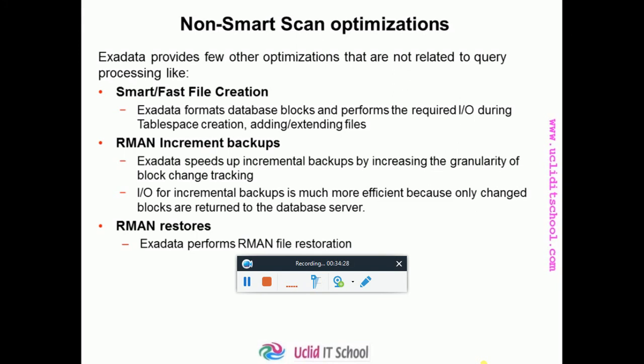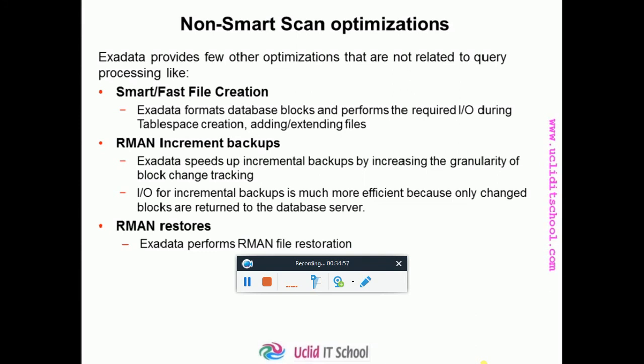Whenever a file is created, the blocks have to be formatted in Oracle format, right? So for that, the storage will send the block to the database server. The database server will format the block and write it back to the disk. So that way, when a file creation is happening, there is I/O between storage and database tier.